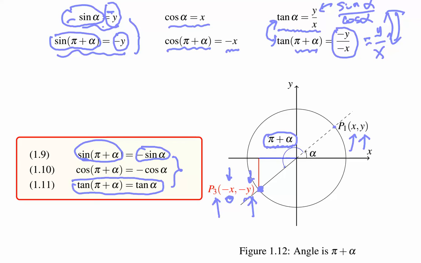Similarly, if you put a negative in front of x and in front of cosine alpha, you have negative x equals negative x. Then cosine of pi plus alpha equals negative cosine alpha, which is the second identity here.